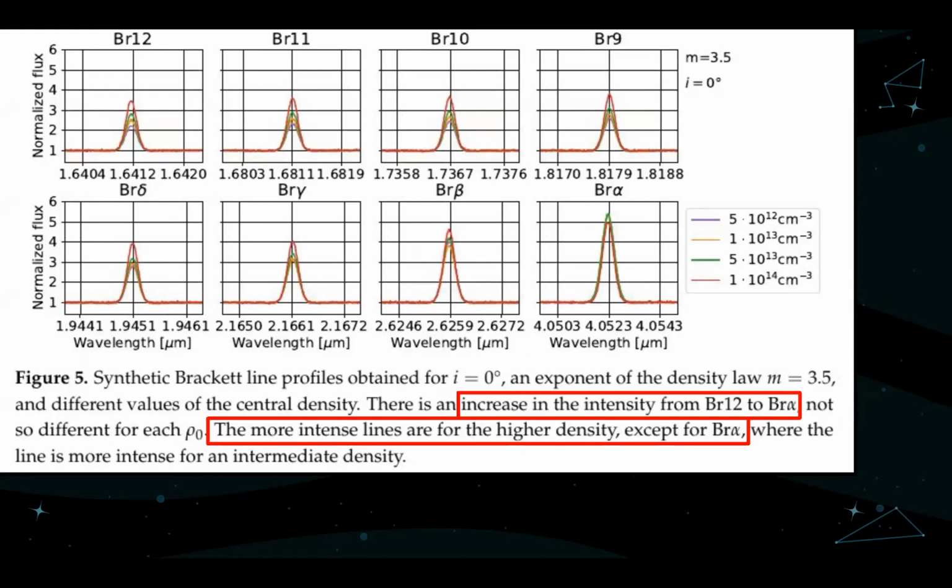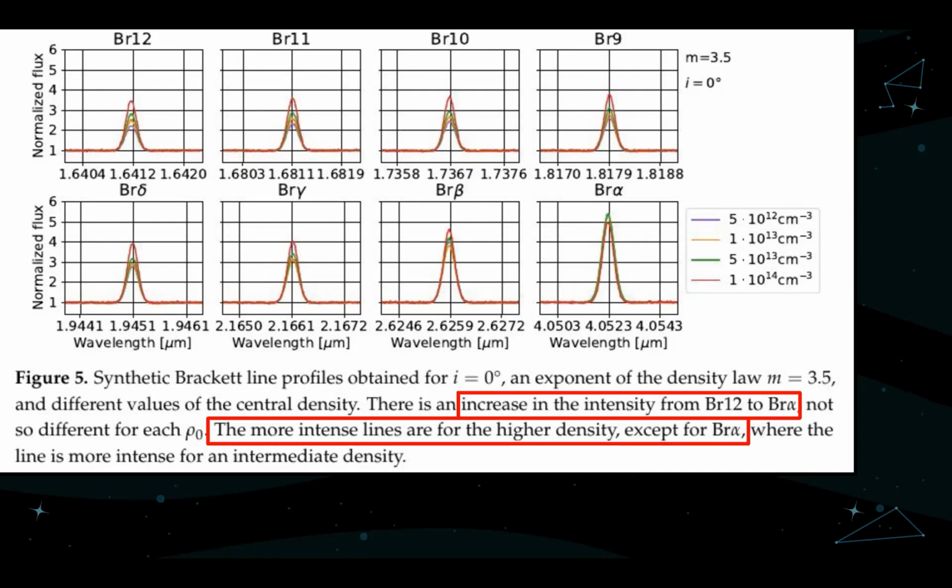This is from a value of 3.5 on the exponent of the power law, and for different densities. We see that there is an increase in the intensity of the line between Brackett 12 and Brackett alpha. For most of these lines, at least, the more intense lines are for the higher density, except for Brackett alpha, where the highest is for the middle densities.